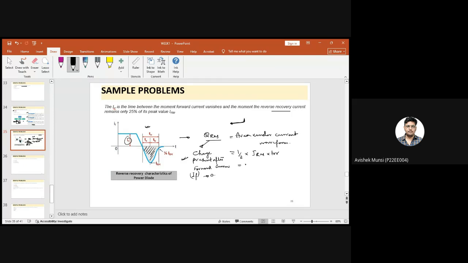So we can write it like half into IRM. So see TRR, from here you can see that the reverse recovery time TRR is the summation of TA plus TB. Fine. And it can also be written as 1 plus S of TA. Why? Because TB is S of TA, where S is the softness factor.